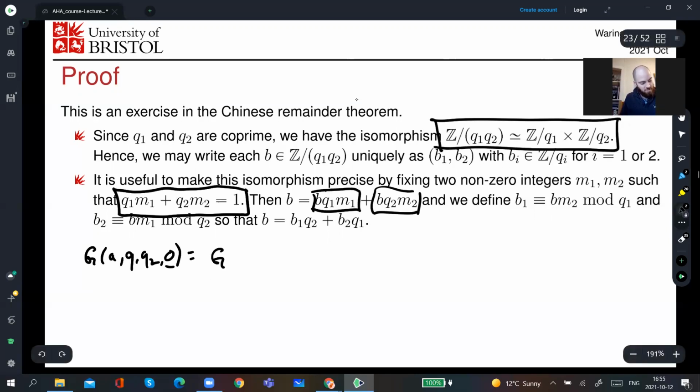So I just have G of A Q1 Q2 of a scalar 0, of a one-dimensional 0, to the dth power. That means it suffices to just prove this for the one-dimensional version. And that's what I'll do.